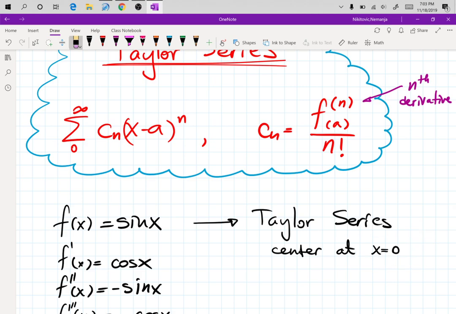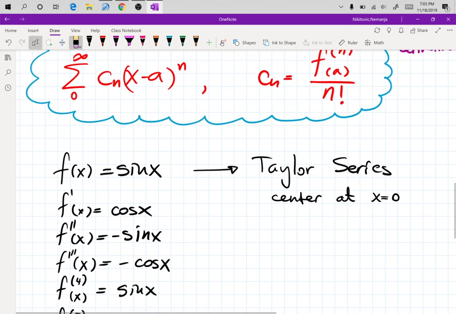So, what do I do? I compute all of the f of zeros.